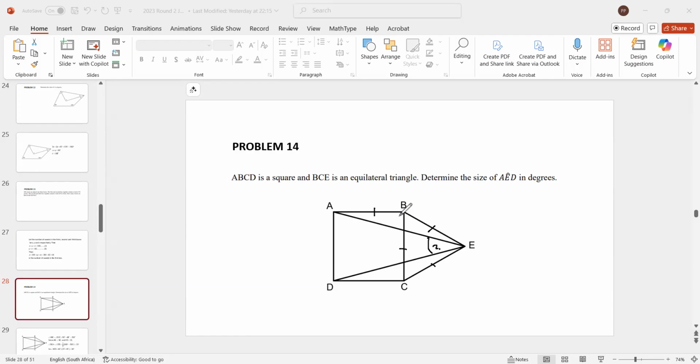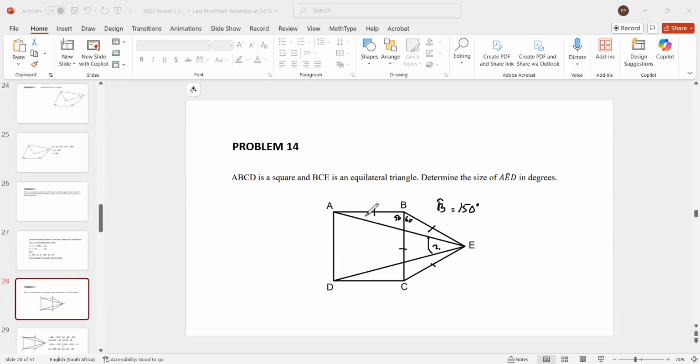You already know one angle, that is 90 and that is 60. So together, these two angles add up to 150 degrees. So angle B, I'm referring to the entire angle, is 150 degrees.